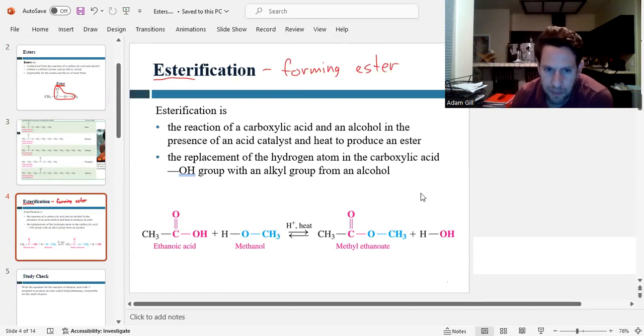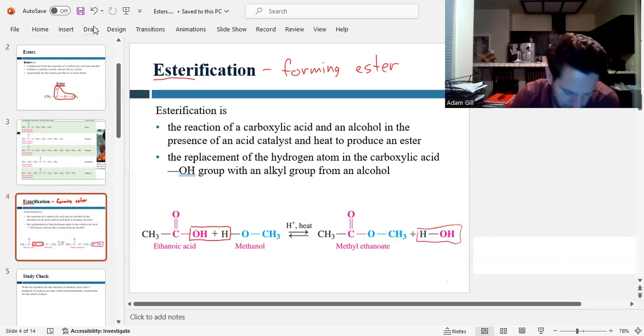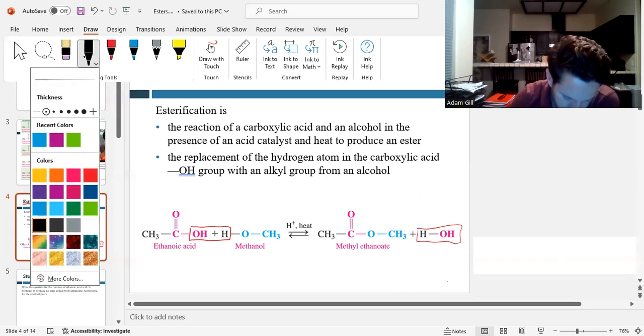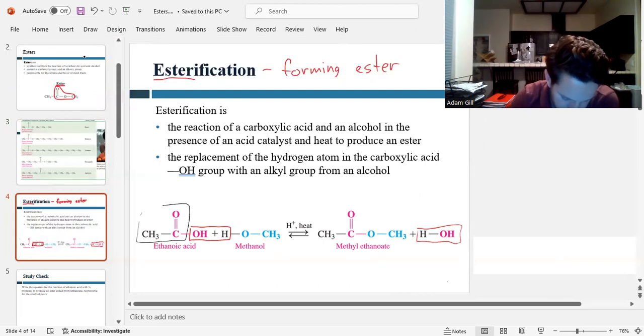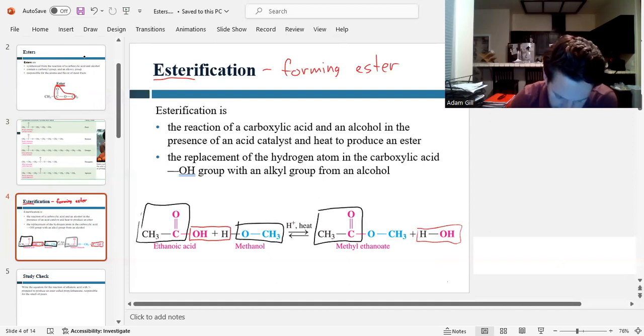Now, what happens here is the OH from the carboxylic acid and the hydrogen from the alcohol combine together to make water. And what's left over here is this portion and this portion, and they get connected together as the ester.